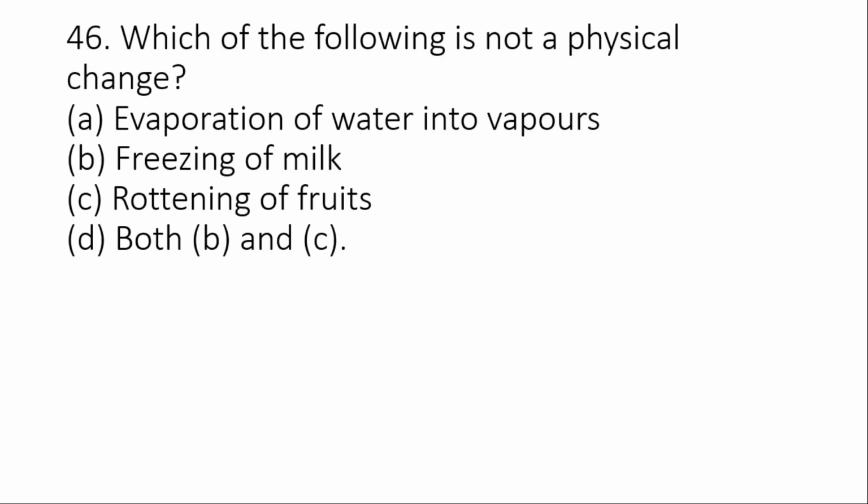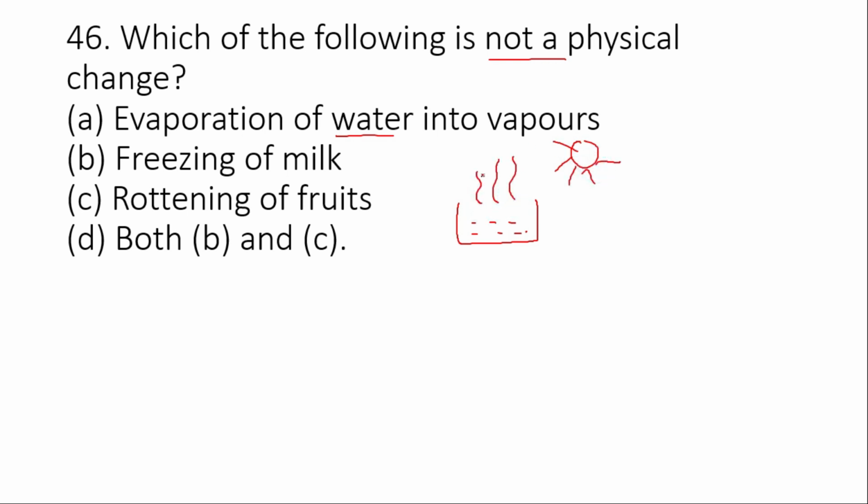Moving to the sixth question of the day, which of the following is not a physical change? That means we have to tell the chemical process, right? So evaporation of water. What happens when water is kept in a container and due to temperature evaporation occurs?